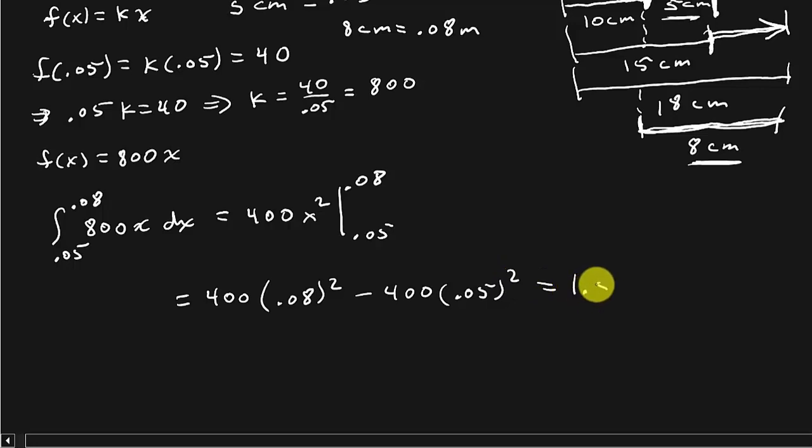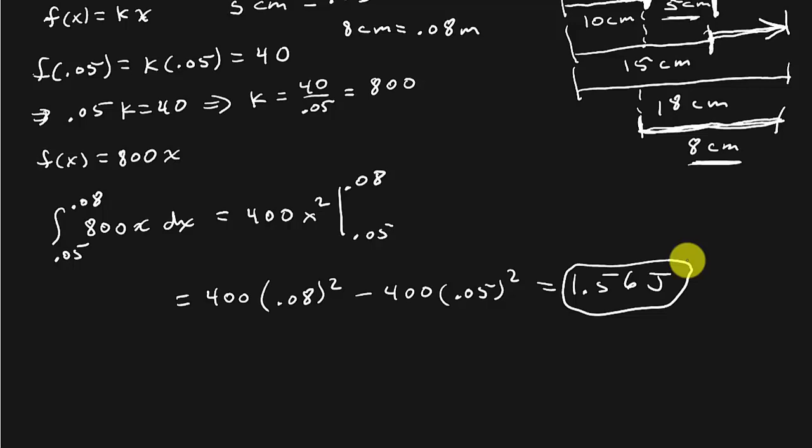And that ends up being 1.56 joules. All right. So I hope that makes sense. Just remember, when you're calculating your limits, you've got to do it from the distance from its natural length to get your limits.